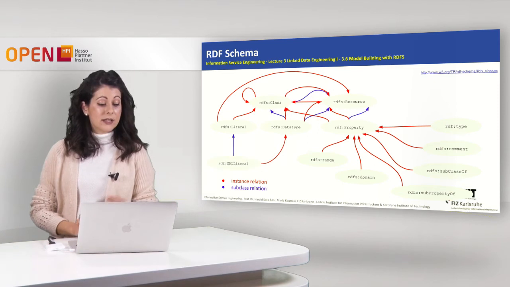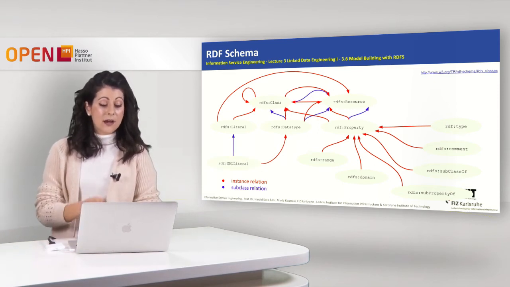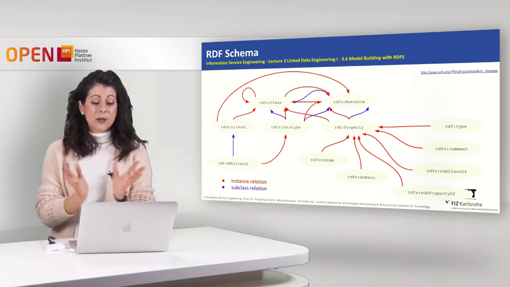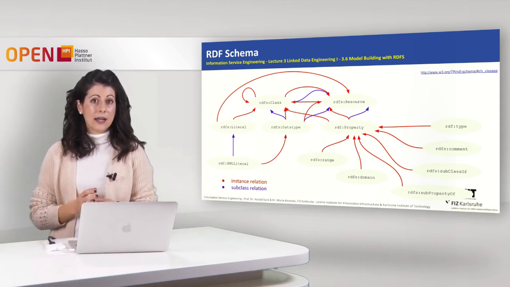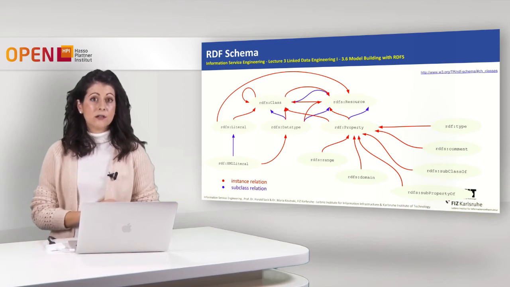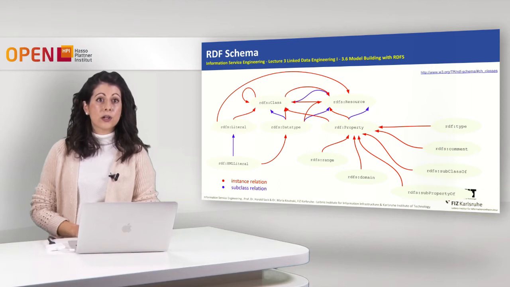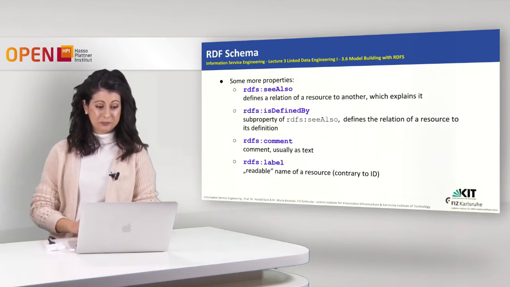And what is left is the XML literal, which is a subclass of literal and also an instance of the data type. So this is just an abstraction of how all those resources are related to each other, so that you have an idea. If you are interested in more details, you can visit the link in the right corner of the slide and get more information about the relations they have.